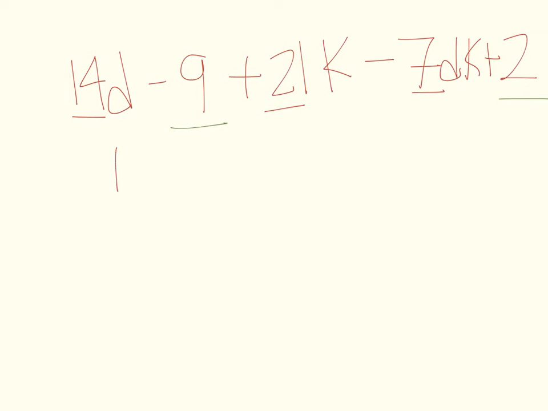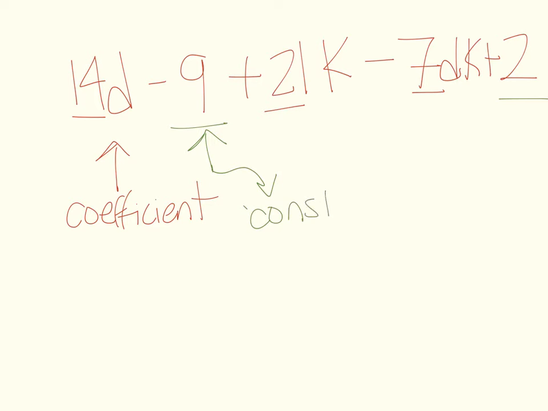So again, if the term has a letter in it, it's considered a coefficient. And if it's just a number inside the expression, it's considered a constant. And the number of terms in this expression are 5.